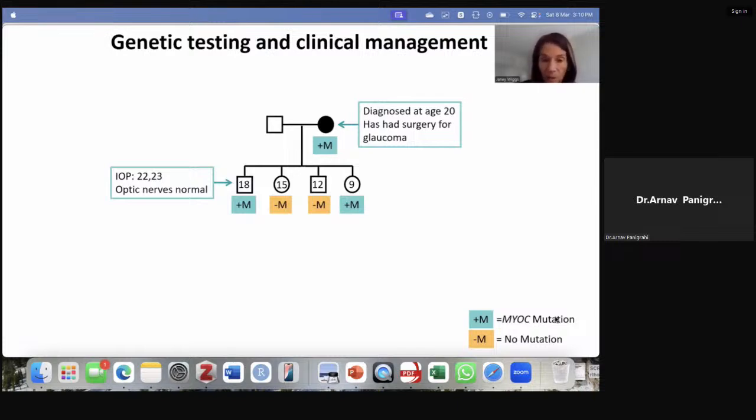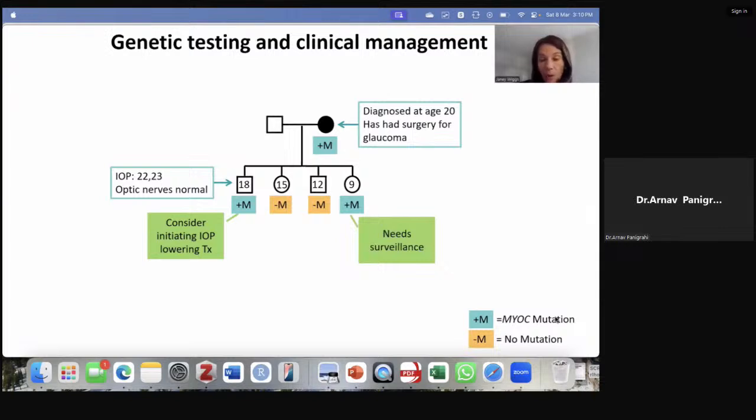And we also found that 2 of her children also had this mutation. Her 18-year-old son, who already had slightly increased intraocular pressures, and her 9-year-old son, who had not been examined with eye disease. So we could recommend to her, based on this genetic test result, that for the older son, who already had some elevation of pressure, to consider perhaps starting to treat that pressure to give him the best chance of preserving optic nerve function.